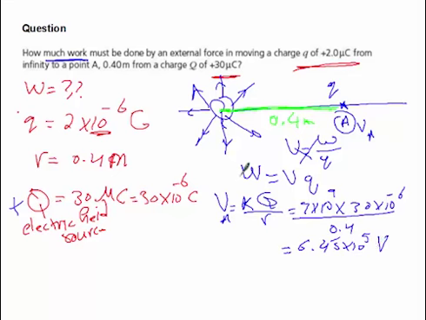Now we can calculate the work, which is V times Q. This is small q, which we are applying work to bring from infinity to that point.